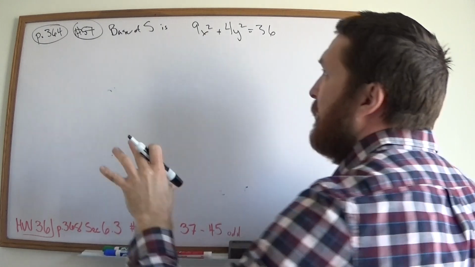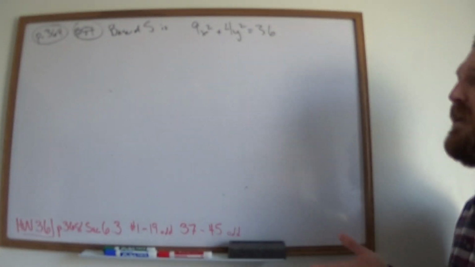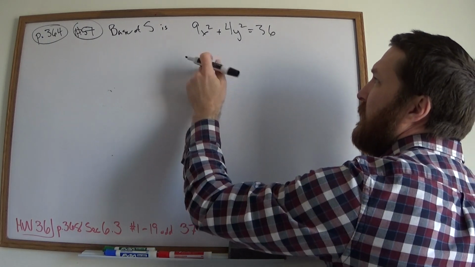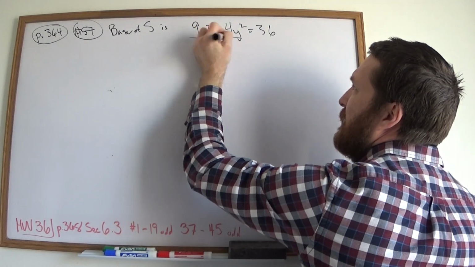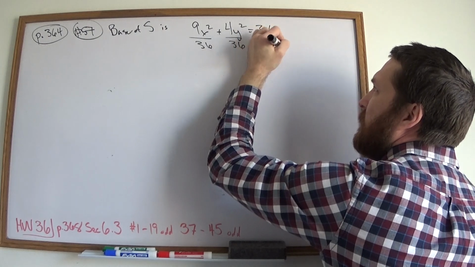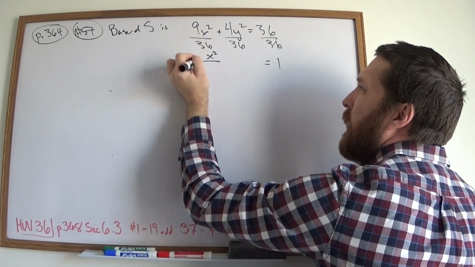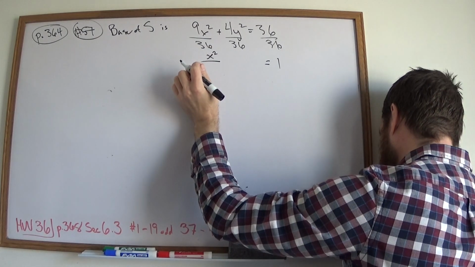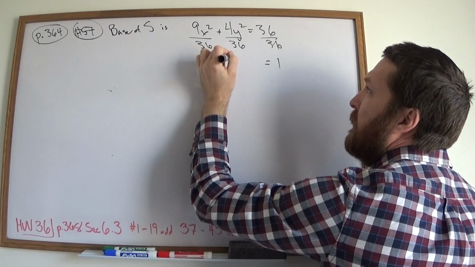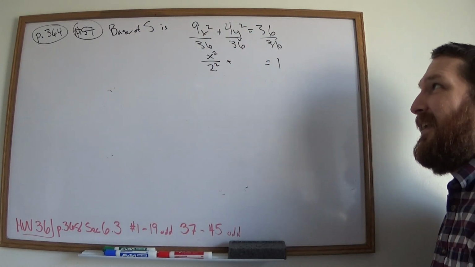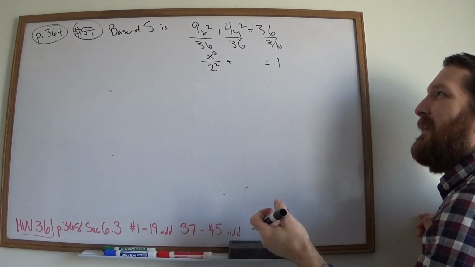So first off, before I even do it, if that's a base of something, I'm going to need to know what this thing looks like. And so I'm going to divide everybody by 36. There's a 1. 9 and 36 gives me 4. So 2 squared. 4 and 36 gives me 9, right? Yeah.